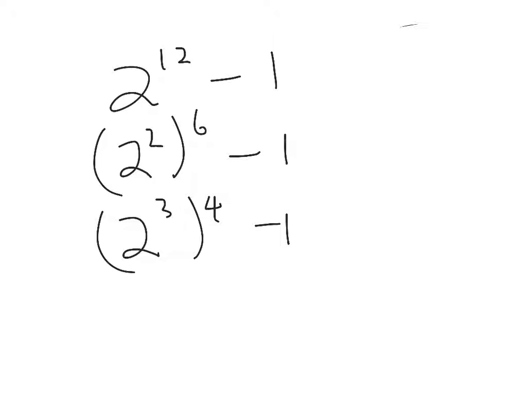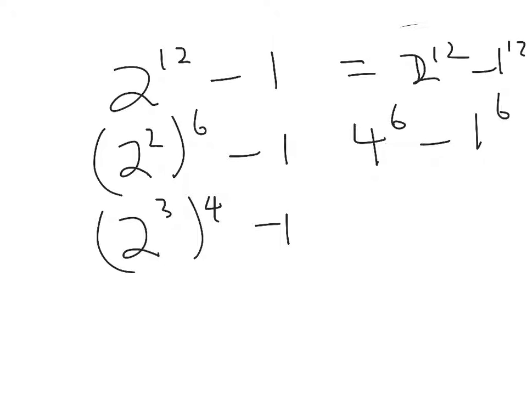This one is 2 minus 1 is 1. This one is 4 to the power of 6 minus 1 to the power of 6. Well, I'll just keep this one as 2 to the power of 12 minus 1 to the power of 12. And then this one will be 2 to the power of 3 is 8, 8 to the power of 4 minus 1 to the power of 4.